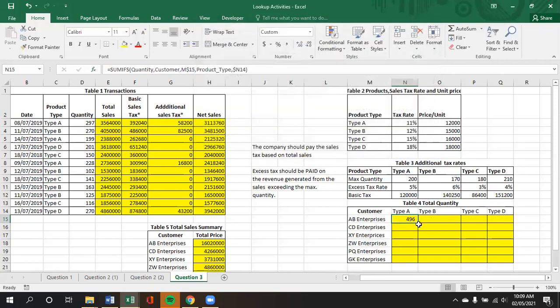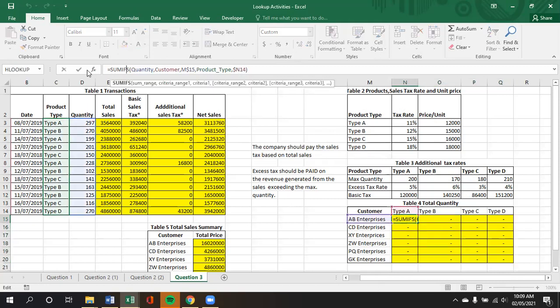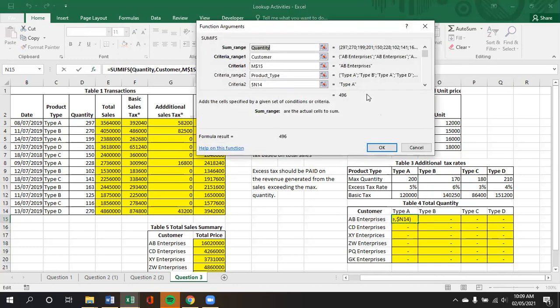So if you drag that, first drag them horizontally. Yeah, it seems that something has gone wrong. What is that? We might have to revisit the criterion.